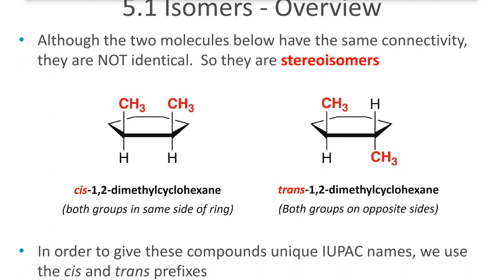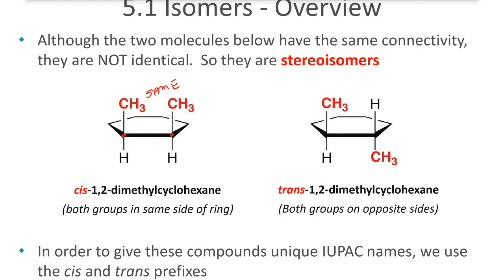So although two molecules have the same connectivity, they may not be identical. These in fact are stereoisomers. Here we have two examples of 1,2-dimethylcyclohexane, but notice the molecule on the left has methyl groups both on a six-membered ring, and these methyl groups are on the same side of that ring, and they're fixed there.